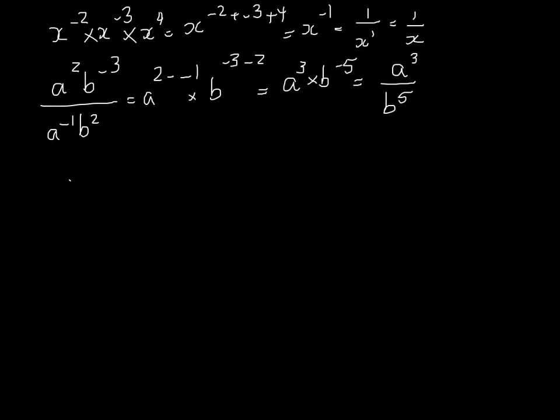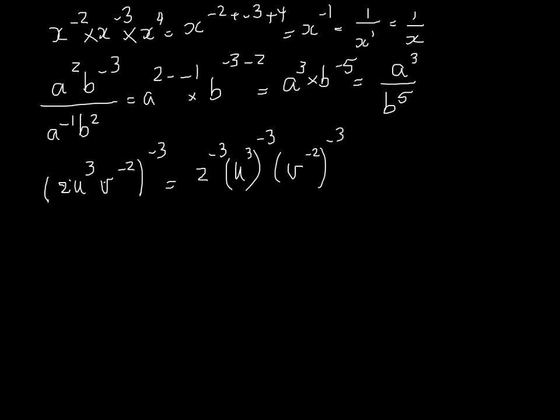The next example is 2u exponent 3 v exponent negative 2, all exponent negative 3. We are going to distribute negative 3 inside the bracket, so we get 2 exponent negative 3 u exponent 3 exponent negative 3 v exponent negative 2 exponent negative 3.